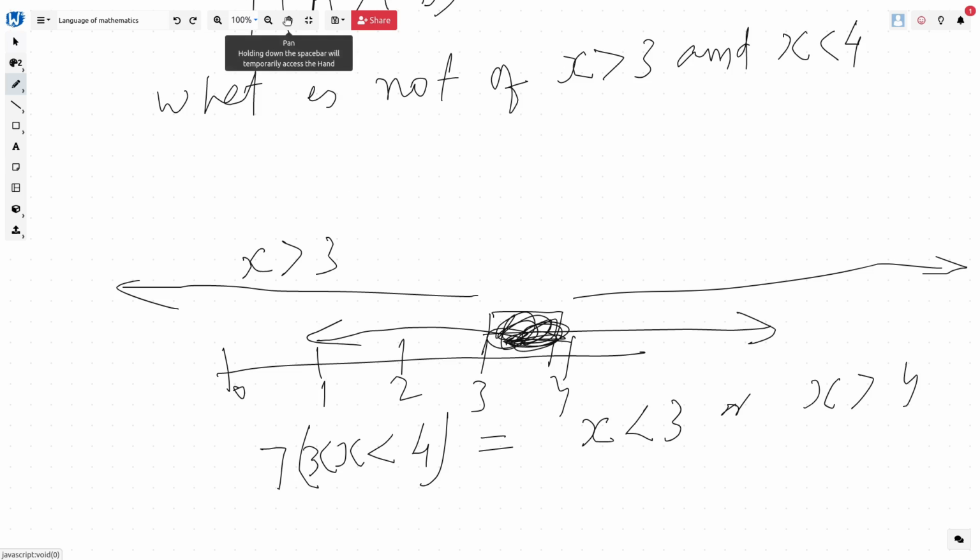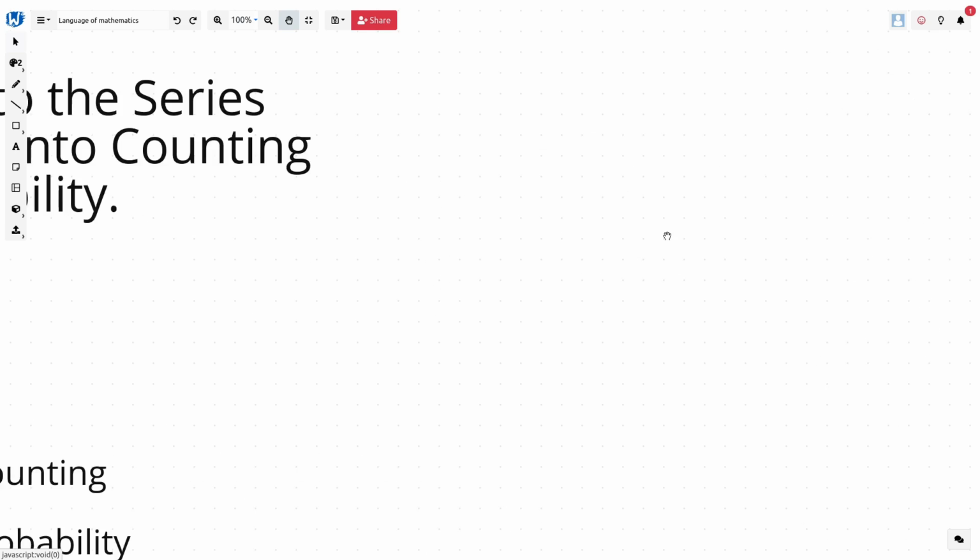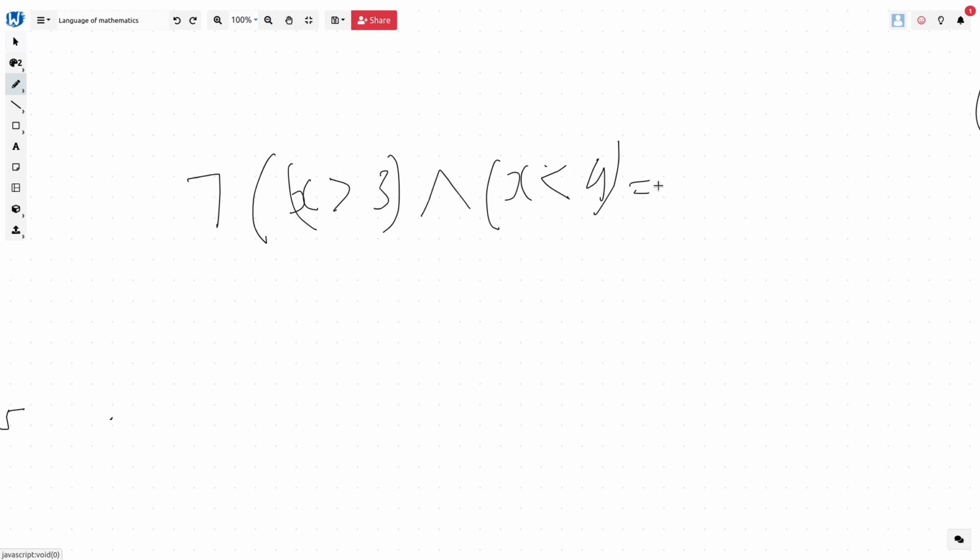There is a lemma, or a theory behind it, which will be helpful for you to understand all these things. So let's go into that theory first. Okay. So we have established through the number line that not of x greater than 3 and x less than 4 is equal to x less than 3 or x greater than 4.